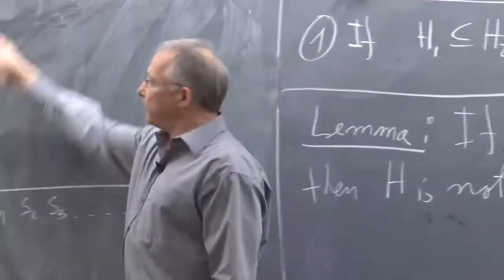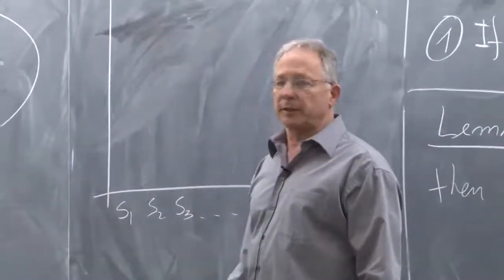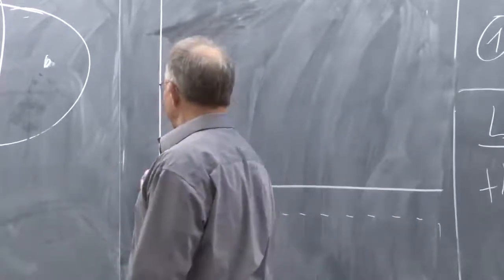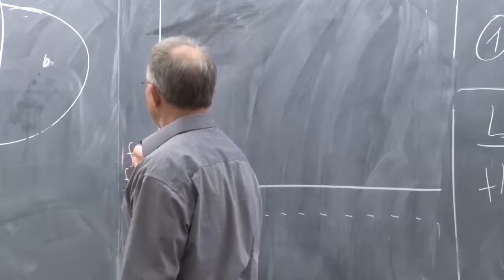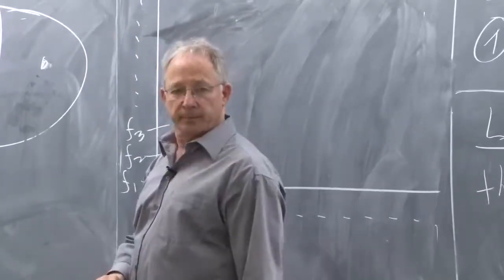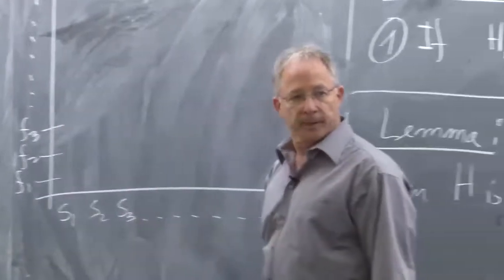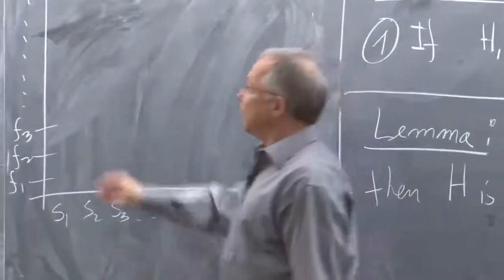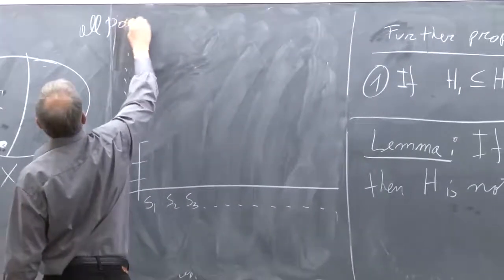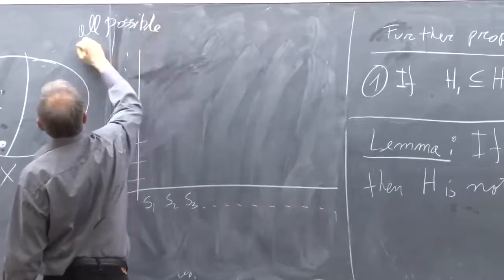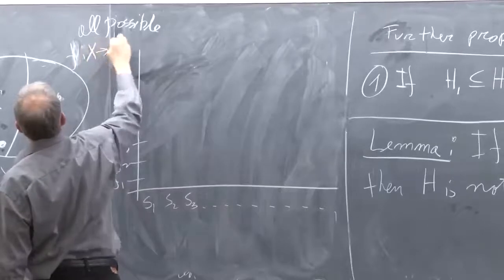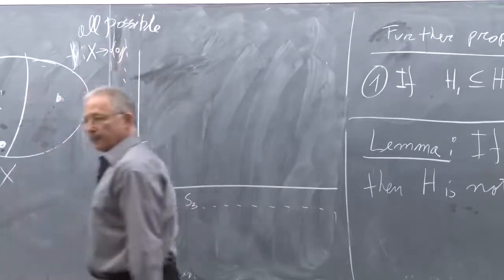And what I will have here are all the possible functions from X to {0,1}, all the possible labeling functions. So here I'll have f1, f2, f3, all possible labeling functions, all possible f that go from X to {0,1}.